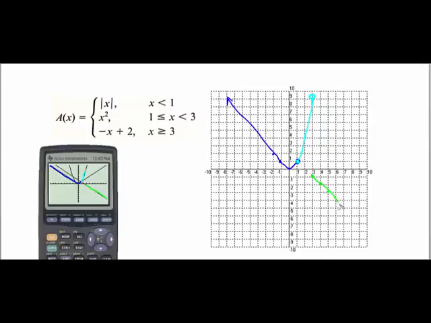Now you'll note that the first dot I plotted has a closed circle, because it was greater than or equal to 3. So it goes your absolute value line to an open circle, then a closed circle, which fills that in, then the parabola takes you all the way up to 3, 9, which has an open circle, and then this closes, and this goes down 1 over 1. And again, all of these were found using the tables.